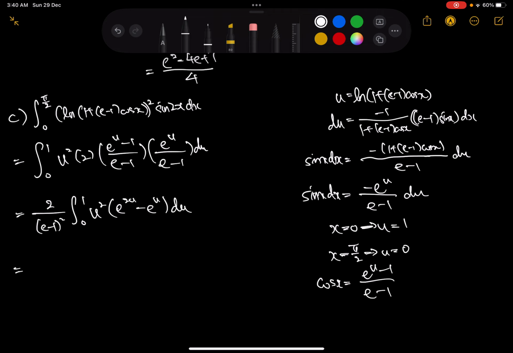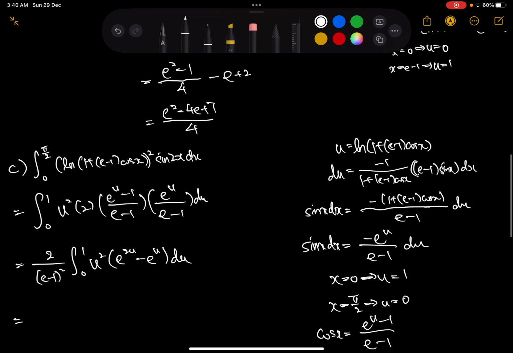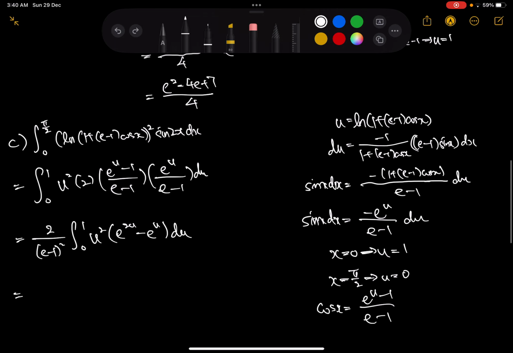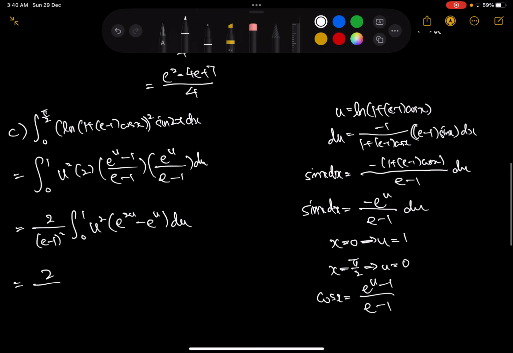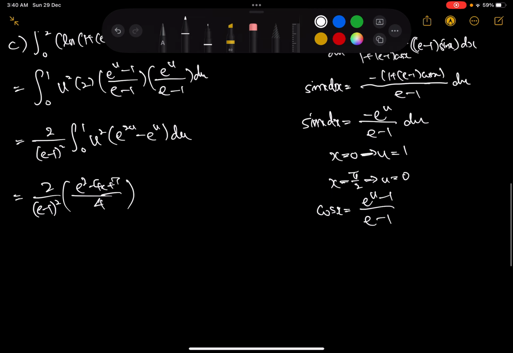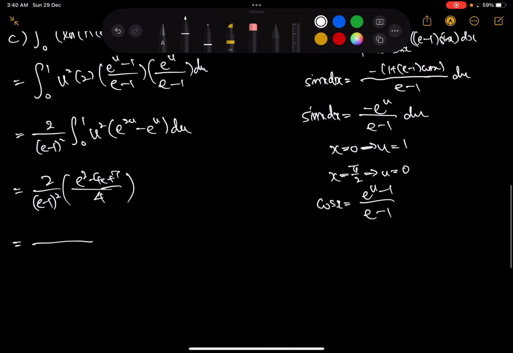And that is just part B, but with a constant. So we could just do 2 over (e minus 1) squared times (e squared minus 4e plus 7) over 4, and call it the day for part C.